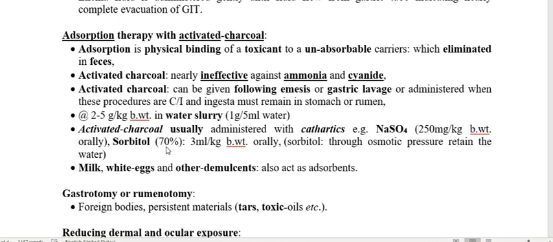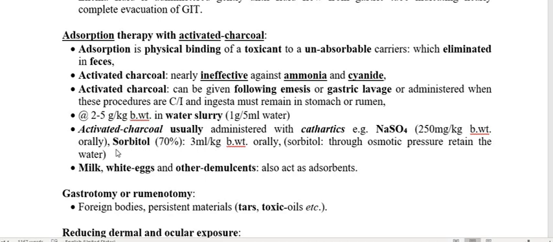Because sorbitol is osmotic in nature, it absorbs water from the surroundings, gives bulkiness to the stomach and enhances peristaltic movement to remove the content present in the GI tract.